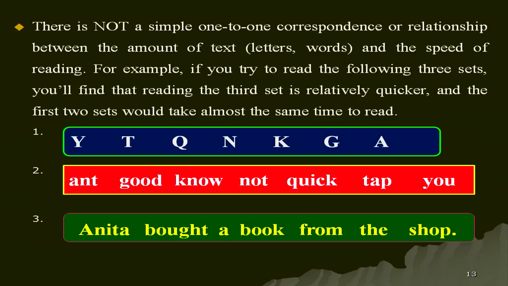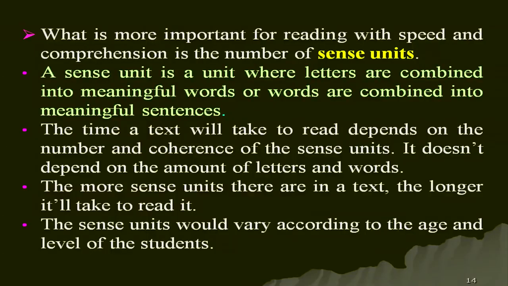One is the subject, Anita; then bought a book, verb and object; and from where, a prepositional phrase, from the shop. So sense-wise they make at the most 3 bigger sense units. That's why it was easier to read, although the number of words was the same as in the second set. Now the last thing: the sense units would vary according to the age and level of the students.